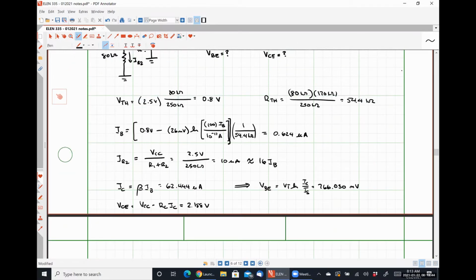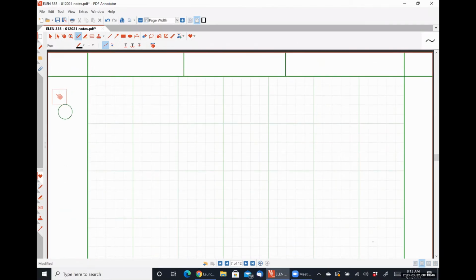Well, 0.01 times VBE divided by VT is going to be equal to, let's say, just for argument's sake, that VBE is somewhere on the order of 0.8 volts, which is a pretty standard number. We've been getting reasonably close to that, plus or minus 50 millivolts this entire time.